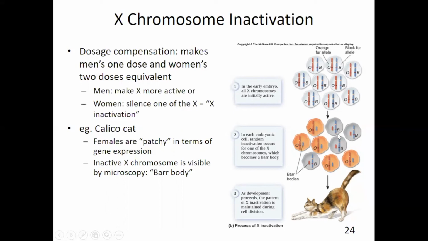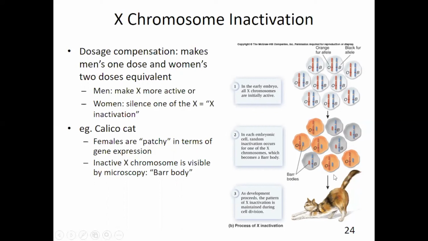And so these cells then will express orange fur color. We see in these other cells, however, that it is the blue X chromosome that is being expressed because the red chromosome was inactivated. In these cells, we see that only the allele for black fur is available because, again, that red chromosome has been inactivated. So these cells will express black fur.